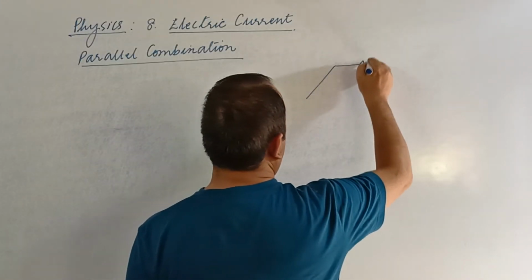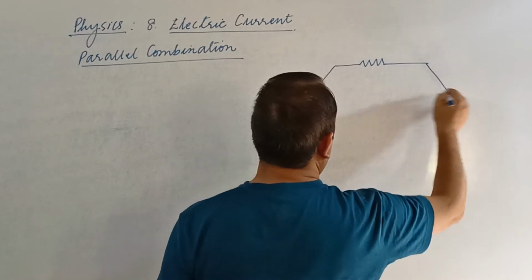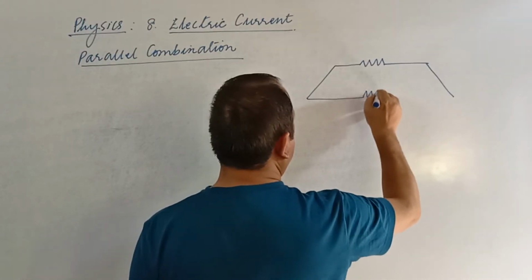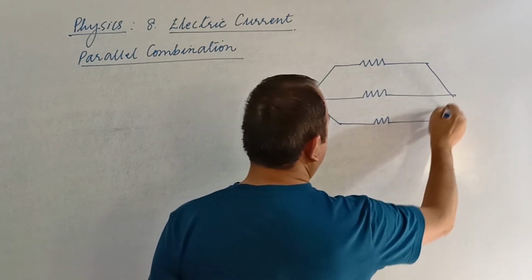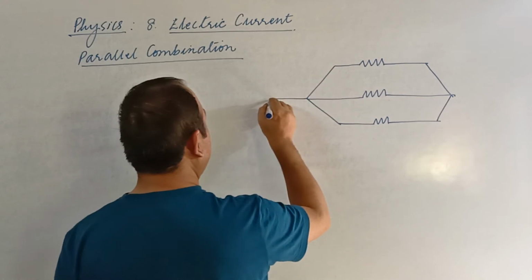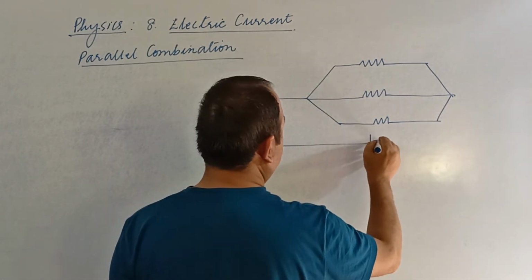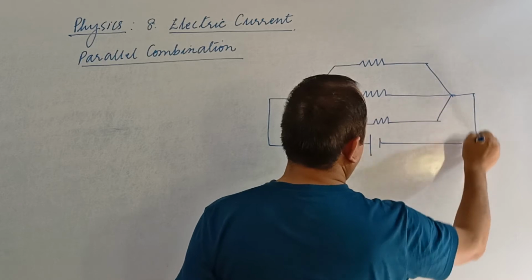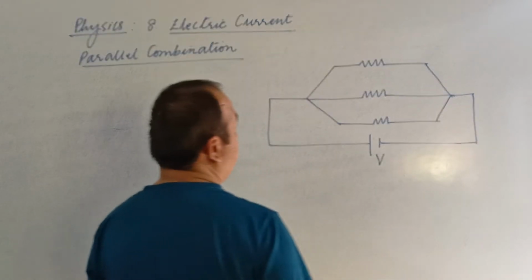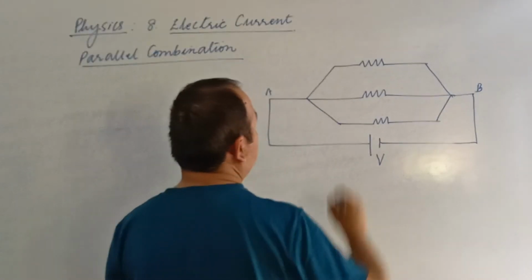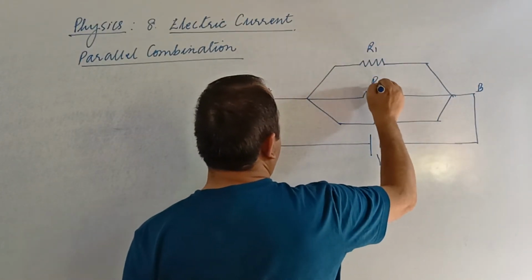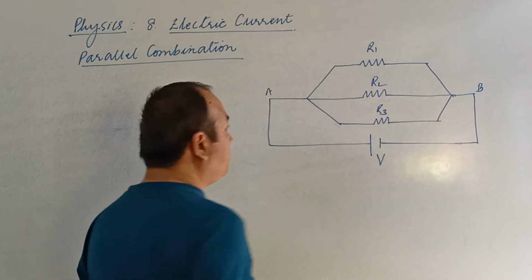Now here in parallel combination, let us consider three resistors, which are connected in parallel between the two points A and B, and a potential difference of V is applied across the two ends of the conductor. Suppose R1, R2 and R3.